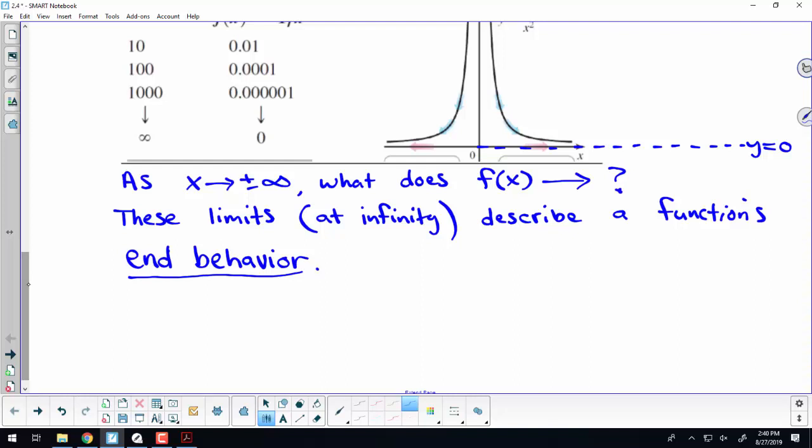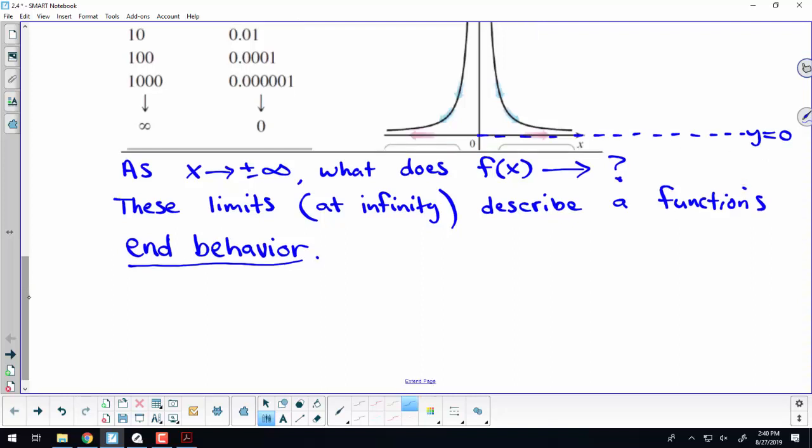Okay, some functions do have horizontal asymptotes. So what types of functions did we see involved a horizontal asymptote? What were those called? Or what's an example of one? Rational function? Yeah, a rational function, where we had like 1 over x, or x squared minus 2 over 3x plus 4, right?